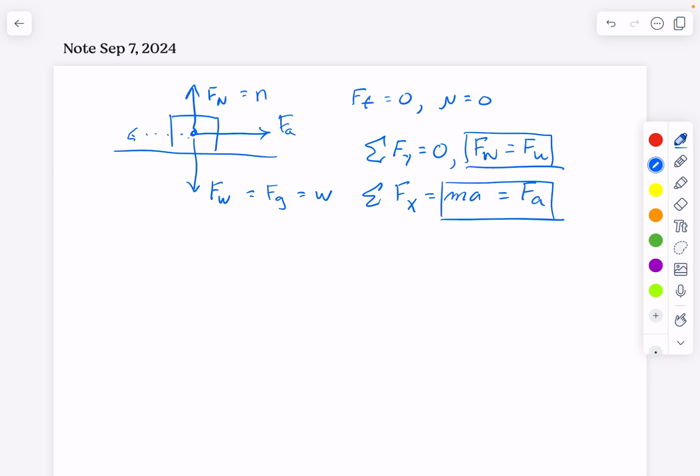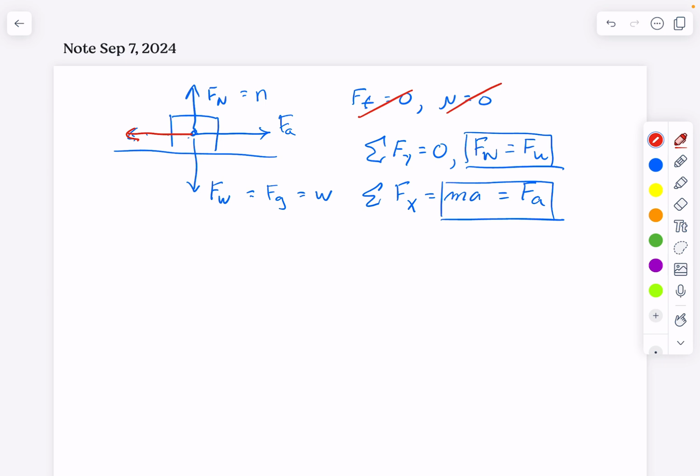Now let's suppose that there is a force of friction, and so that means this is no longer true, and this is no longer true. That means we do have a force of friction acting in the opposite direction. Now, let's say that this object is not accelerating.